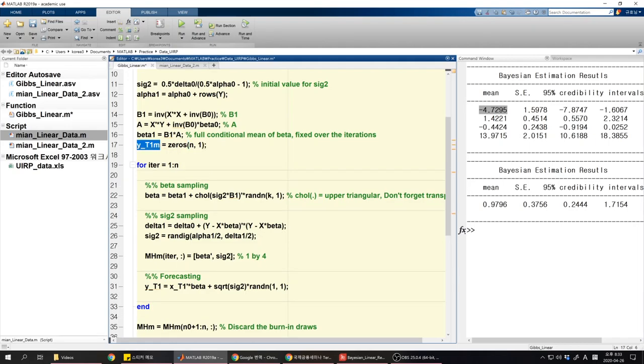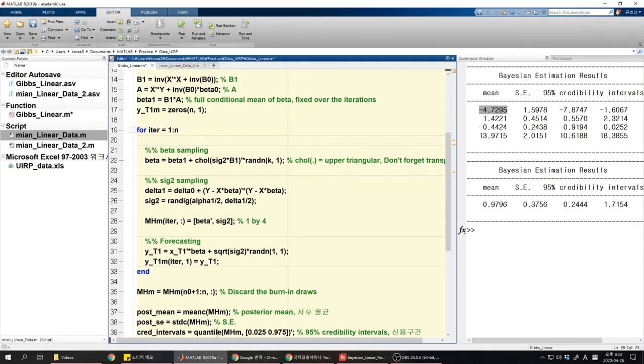Then we're going to save each sample for predictive draws in every iteration. I'm sorry, this should be y_cap_t1(itr, 1) equals y_cap_t1.